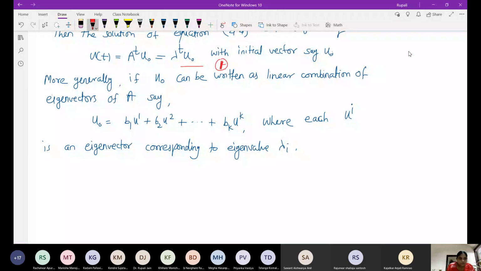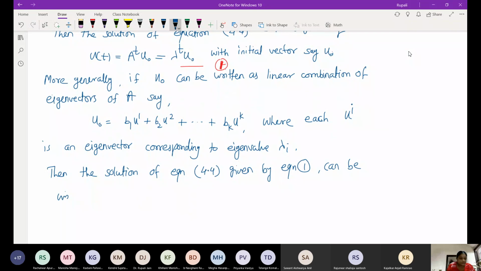Then from 1, the solution of equation 4.4 given by equation 1 can be written as u at t equal to b1 lambda 1 raised to t u1 plus b2 lambda 2 raised to t u2 plus and so on bk lambda k raised to t uk.